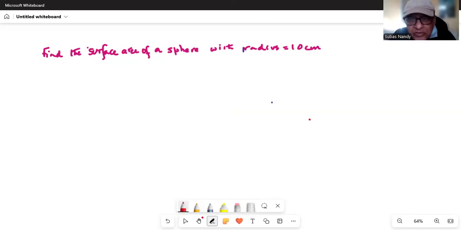Find the surface area of a sphere with radius equal to 10 centimeter.